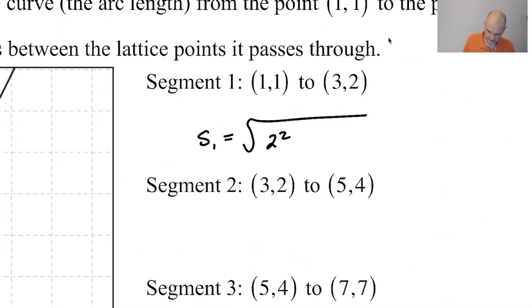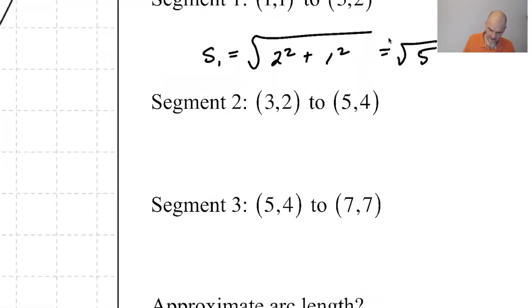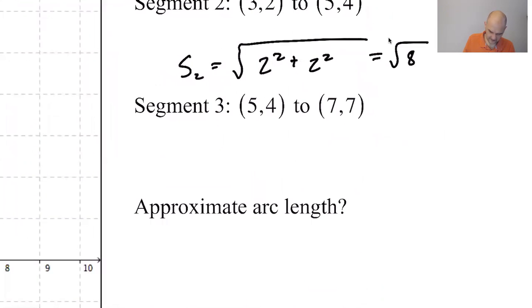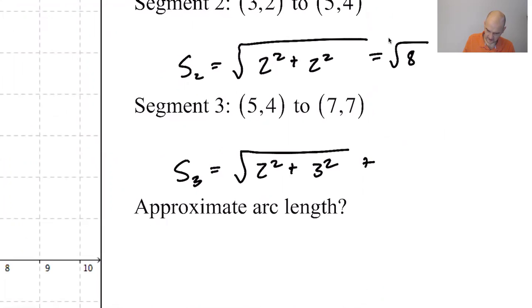So 2 squared plus 1 squared, so radical 5, and then S2 is the square root of 2 squared plus 2 squared, so radical 8, and then S3 is going to be the square root of 2 squared plus 3 squared. That's a plus sign. That equals 9, and so radical 13.